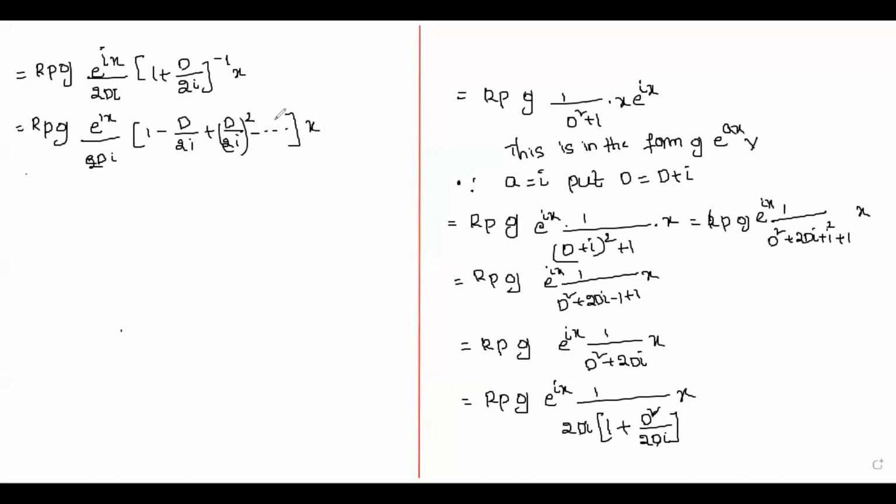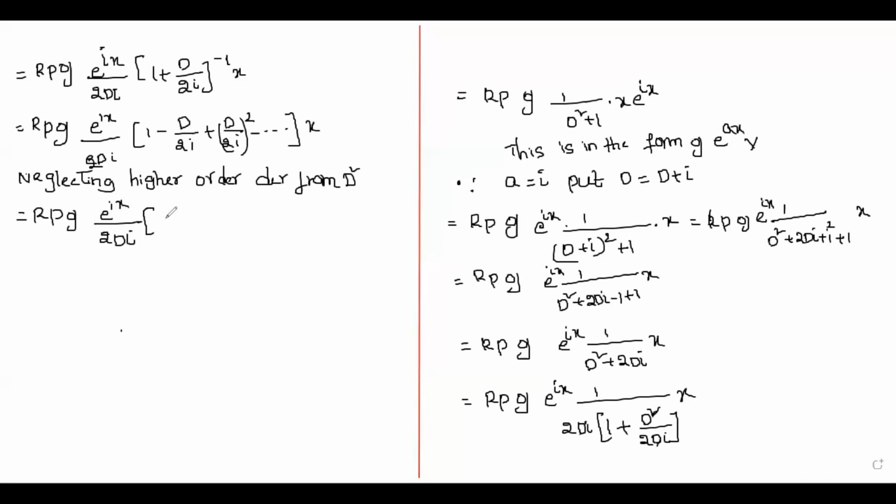So since x has the power 1, neglecting higher order derivatives from D square, it takes the form: the real part of e power ix by 2Di into 1 minus D by 2i into x.